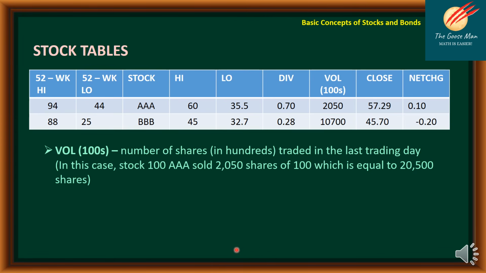In this case, stock AAA sold 2,050 shares of 100, which is equal to 205,000 shares. The next one is the closing price of the last trading day. For AAA we have 57.29, while for BBB it is 45.70.